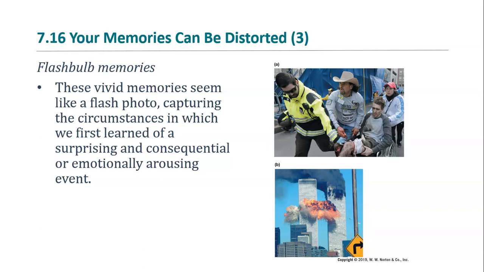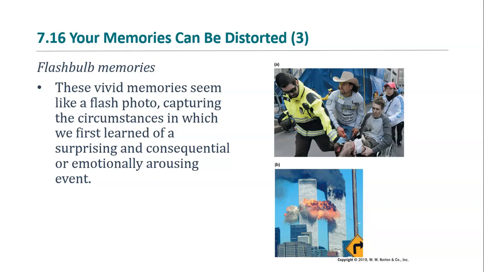When the Challenger exploded in January of 1986, two psychologists had 44 psychology students fill out a questionnaire the day of the shuttle explosion. When they tested the students' memories 3 years later, only 3 students had perfect recall. The rest were incorrect about multiple aspects of the situation.